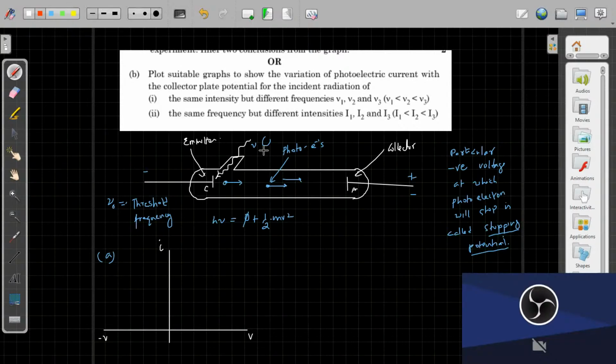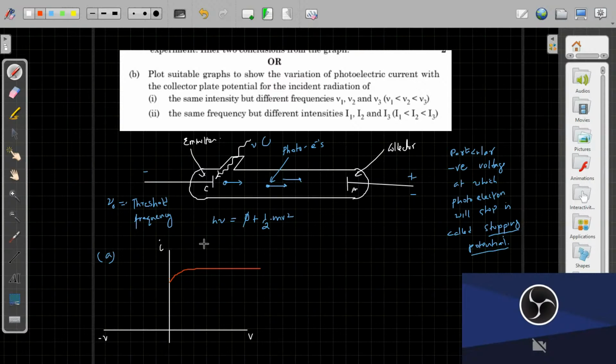What will you observe? Keeping the same intensity but different frequencies, as you keep increasing the frequency, electrons become more energetic, so you need more negative potential to stop them. With intensity, first current increases and then becomes constant.